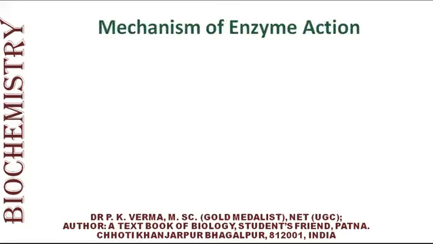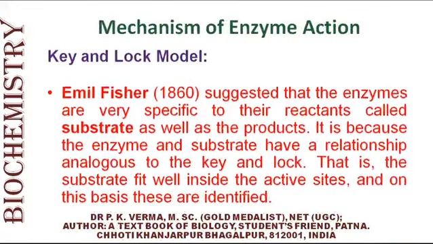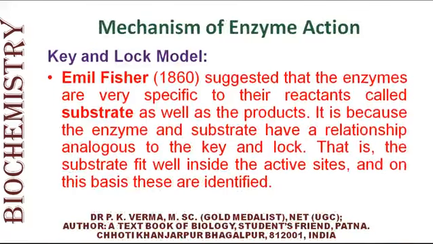Now let us revise how the enzyme acts. The first model of enzyme activity was given by Emil Fischer in 1860. He gave the model known as key and lock model. He suggested that the enzymes are very specific to their reactants called substrate as well as the products.